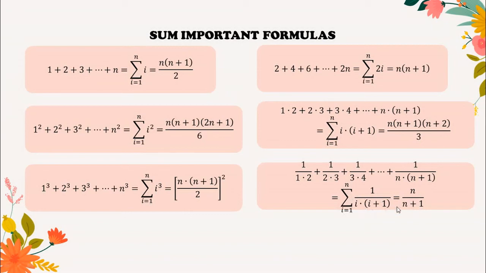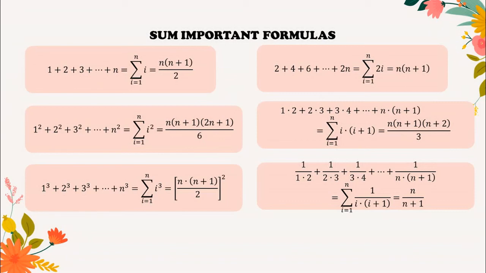If you're curious about this one, I'm not saying you need to remember it. If you can find it by yourself, it's good, everyone. But if you just want to remember it, that doesn't matter. For me, it's easier if you know where they come from, because we will talk about some important formulas for proving in mathematical induction in the next meeting, everyone.